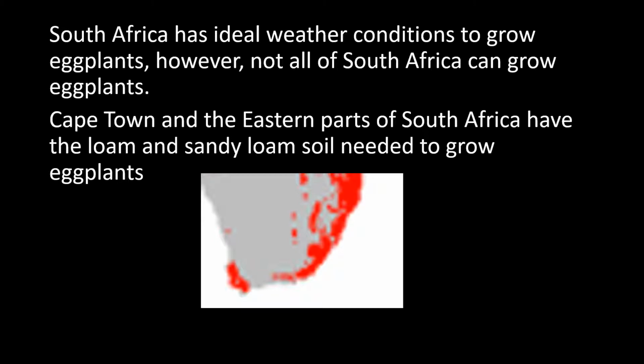South Africa has the ideal weather conditions to grow eggplants. However, not all of South Africa can grow eggplants. Cape Town and the eastern parts of South Africa have loam soil and sandy loam soil needed to grow eggplants.